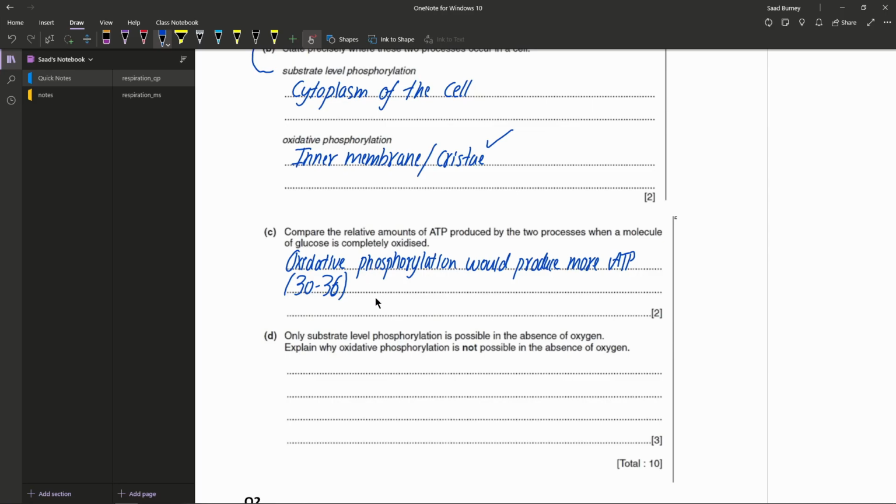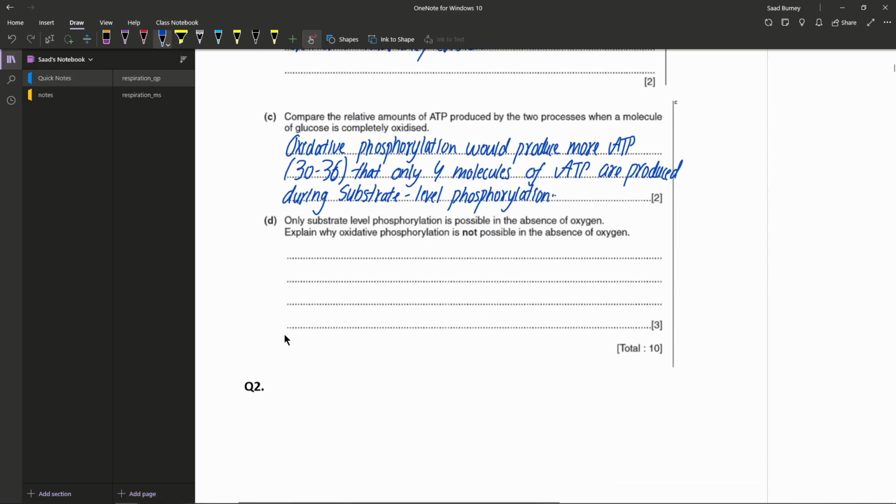And then we also know that only 4 molecules of ATP are produced during substrate level phosphorylation. Okay, moving down.